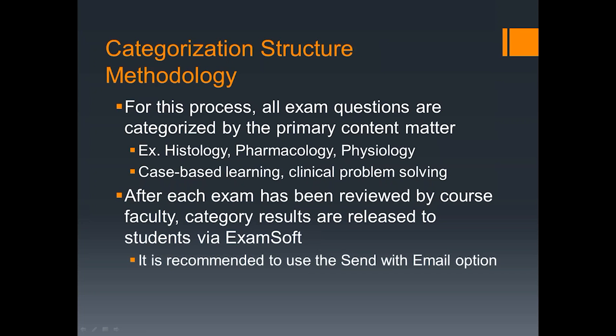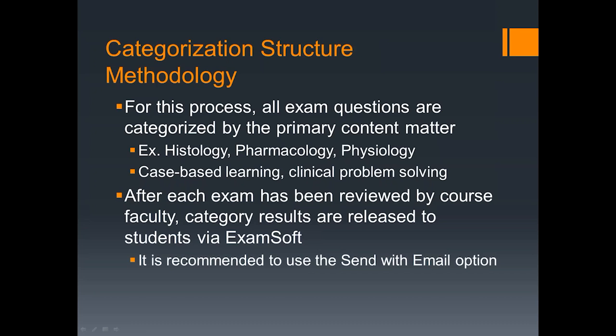With this, you can send any information out. At OSU, we allow our faculty to have discretion over what items are sent to students. You can send everything from the full exam, including content. When I say send out to them, it'll be available in their ExamSoft portal. I always recommend sending it with email; there's an option to send with email, and I would always do that.